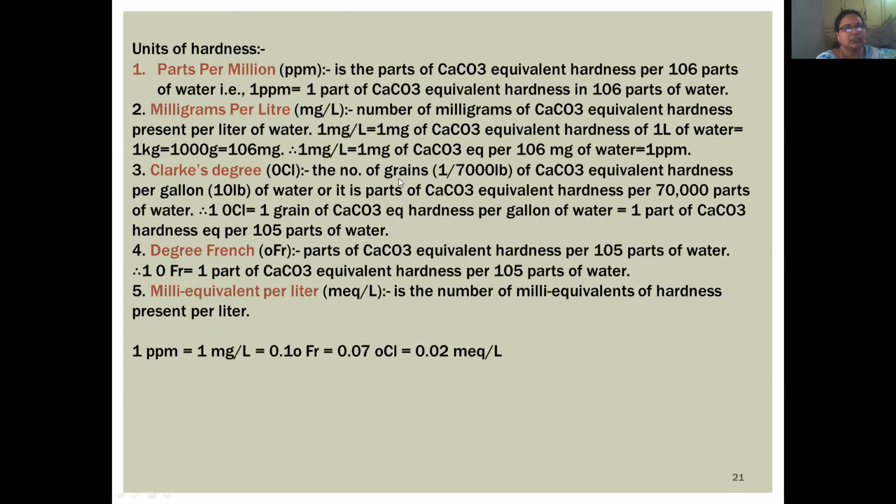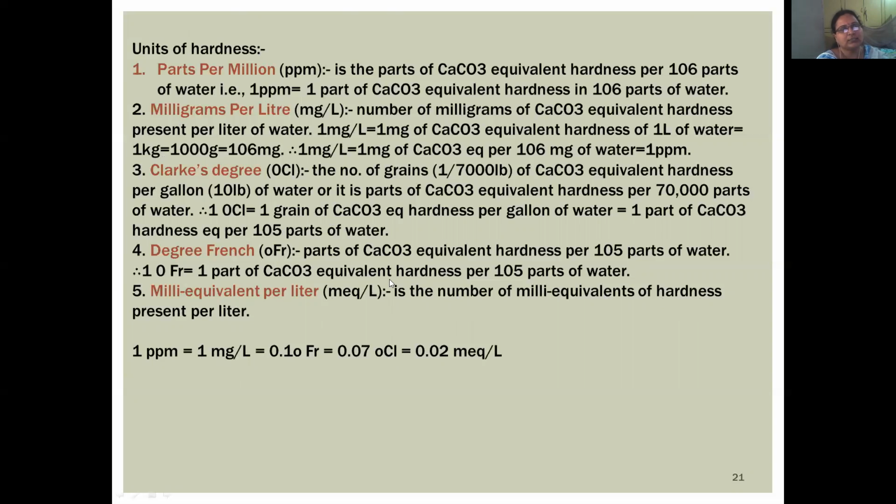Then Clark's degree: the number of grains of calcium carbonate equivalents present per gallon of water. Then degree French: parts of calcium carbonate per 10 power 5 parts of water. Then milliequivalents per liter: the number of milliequivalents of hardness present per liter. And the main calculation is 1 ppm is equal to 1 mg per liter, equal to 0.1 degree French, equal to 0.07 degree Clark, equal to 0.02 milliequivalent per liter. These are the units of hardness.